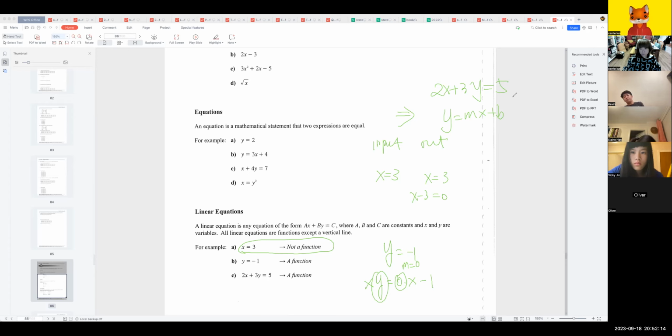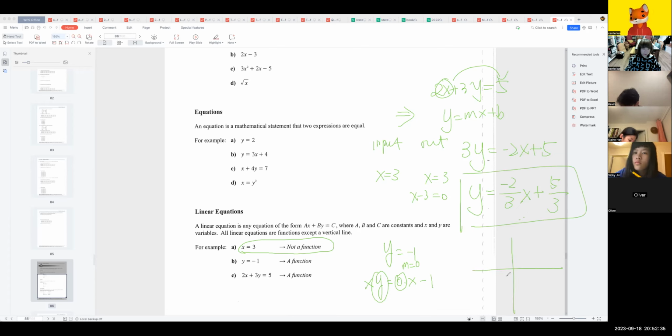Okay, everybody, so now it should be what? Moving the 2x over there will be 3y equals negative 2x plus 5. y equals negative 2 over 3 x plus 5 over 3. Get it? Okay, for this one, immediately I want you to tell me some information about this function.